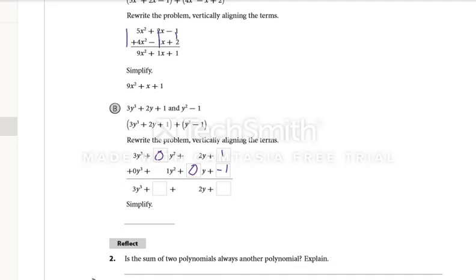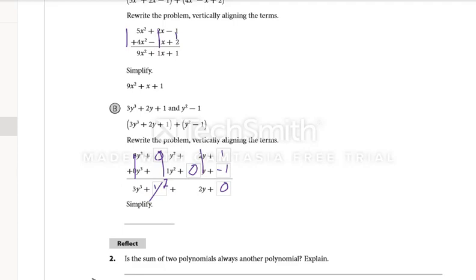Okay, now we add them vertically. 3 plus 0 is 3y cubed. 0y squared plus y squared is y squared. We don't have to have the 1 out front, but you can include it if you want to. 2y plus 0y is 2y. And 1 plus a negative 1 is 0.